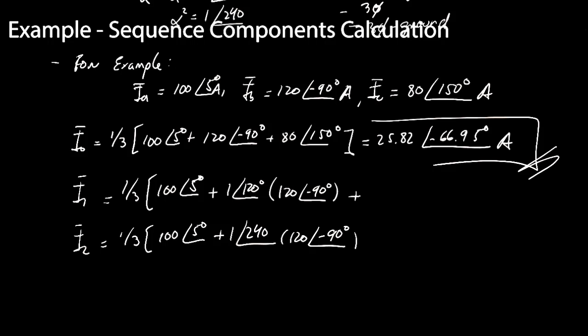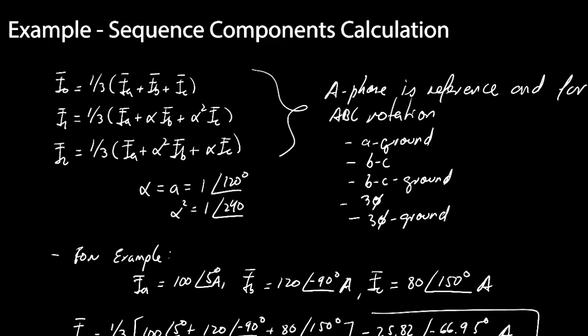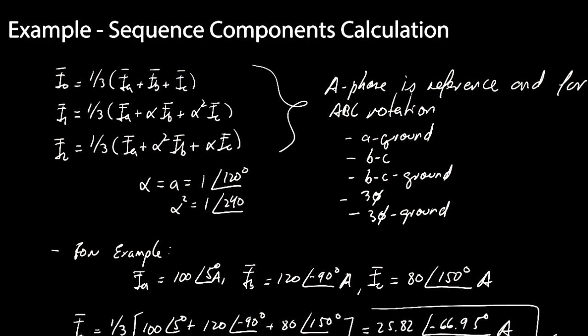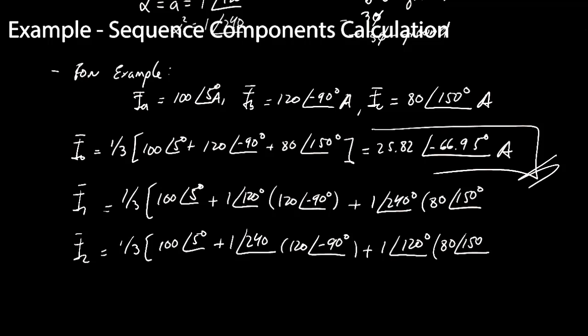And then plus the C phase term: for the positive sequence we have alpha squared, and for the negative sequence we have just alpha, times the C phase current, 80 at 150 degrees. Same thing for both.